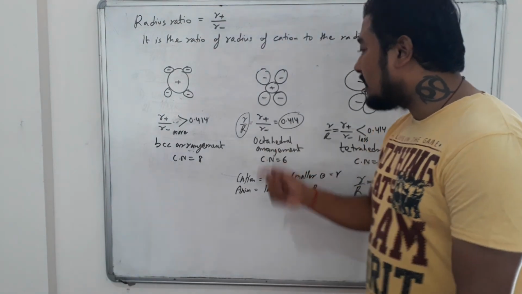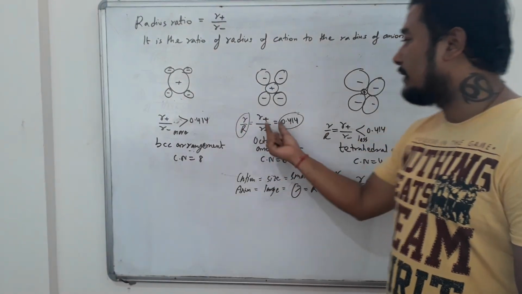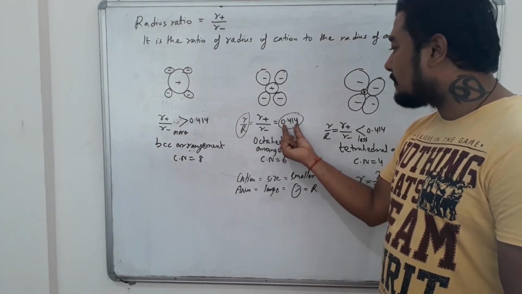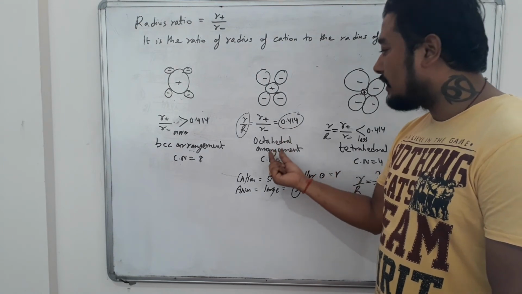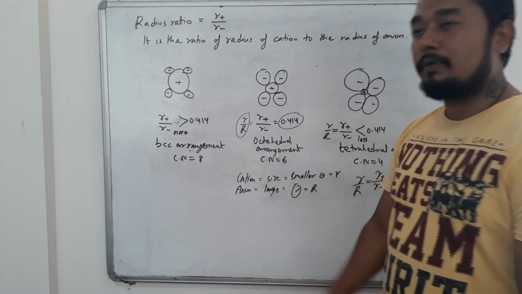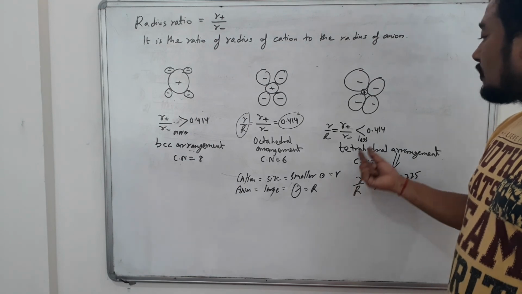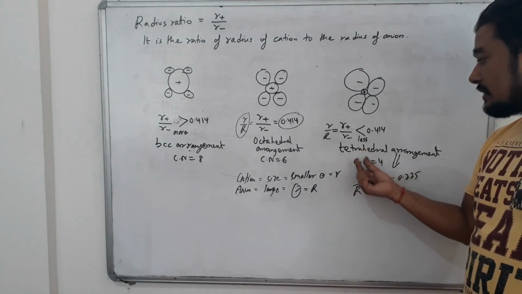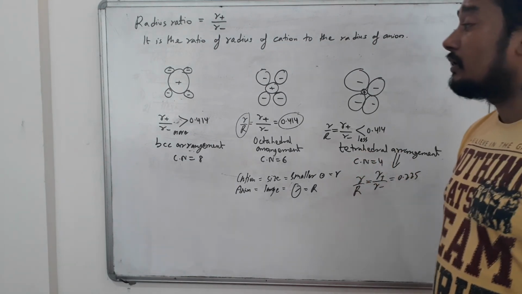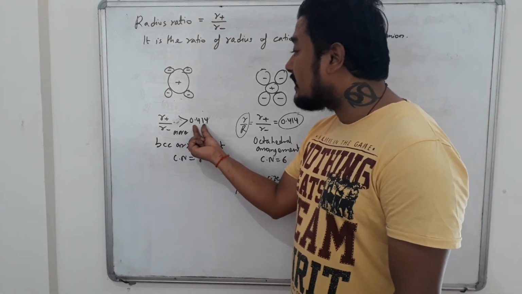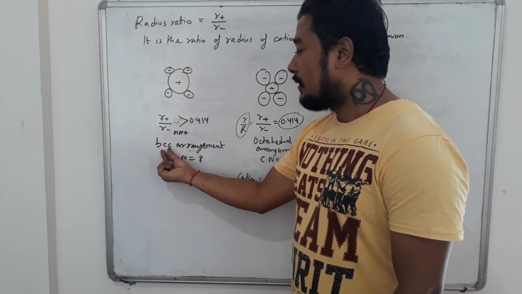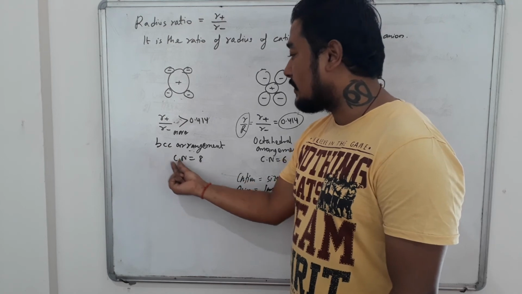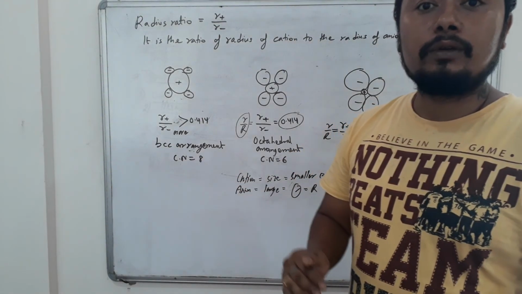Once you get the radius ratio, you compare with this relation. If the radius ratio comes exactly this much, you say it is an octahedral arrangement, coordination number will be 6. If it comes less than this, you say it is tetrahedral arrangement, coordination number will be 4. If it comes more than this, then you say it is a BCC arrangement, coordination number will be 8.